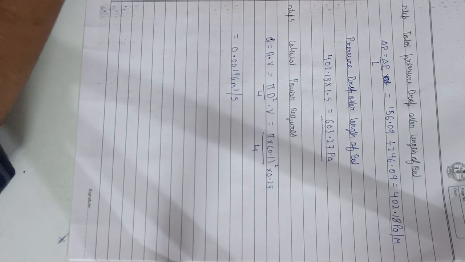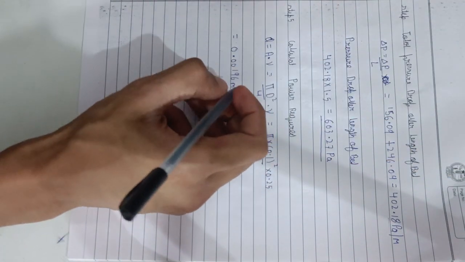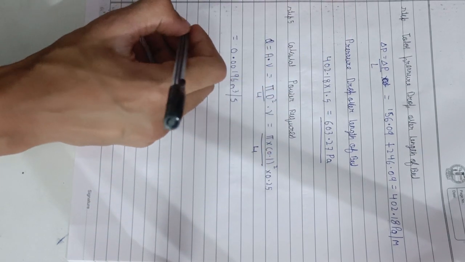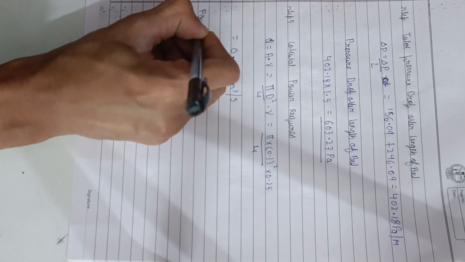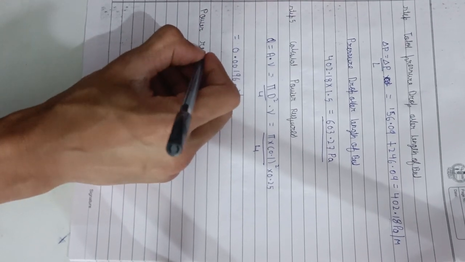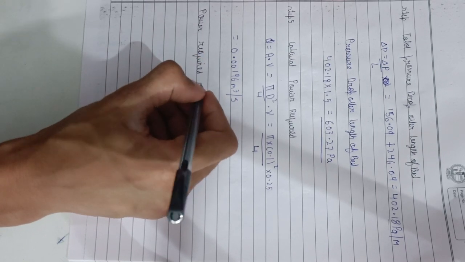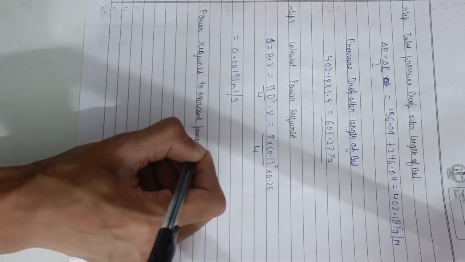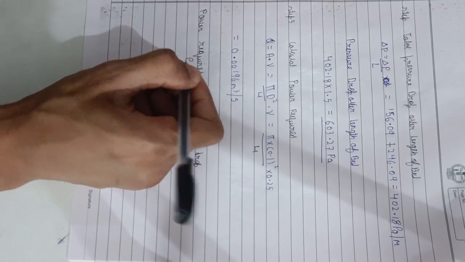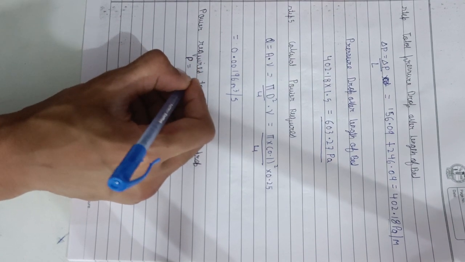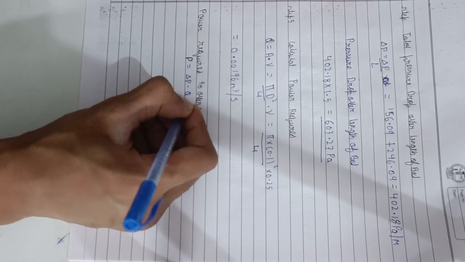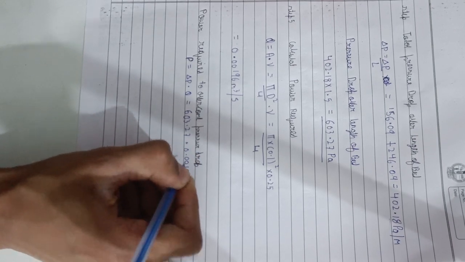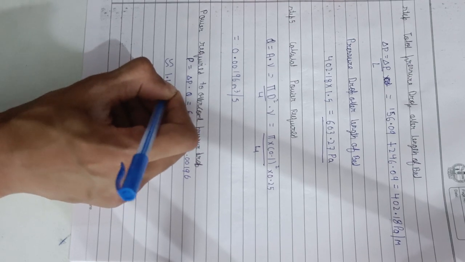Now to calculate the power required to overcome the pressure drop, we multiply the pressure drop with the volumetric flow rate: P is equal to delta P, the pressure drop as calculated earlier, multiplied by volumetric flow rate, which is 603.27 multiplied by 0.00196, giving roughly 1.18 watts.